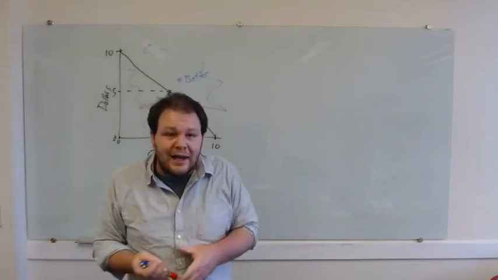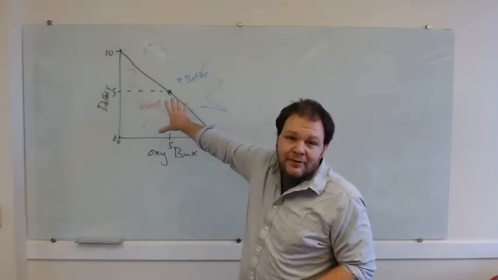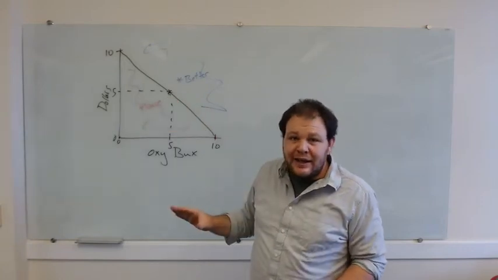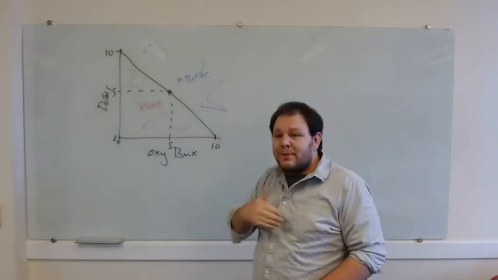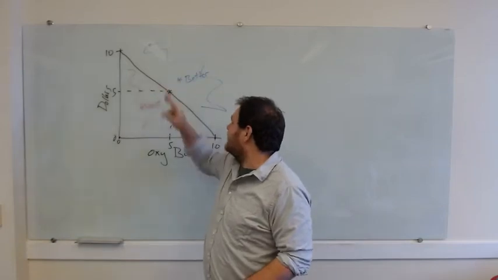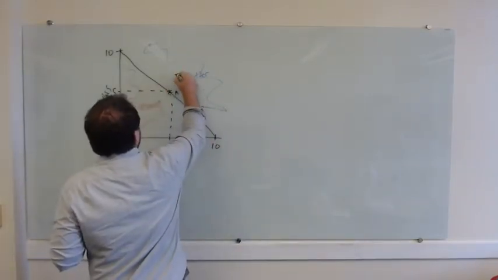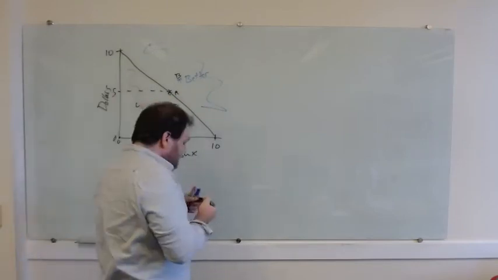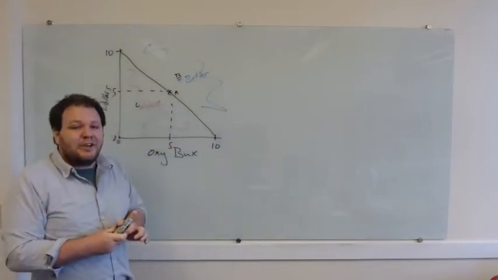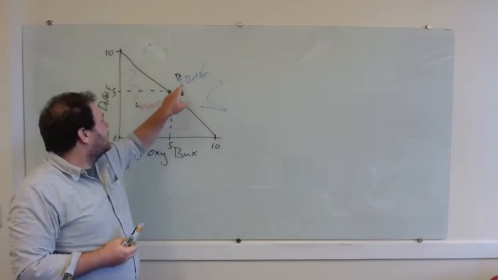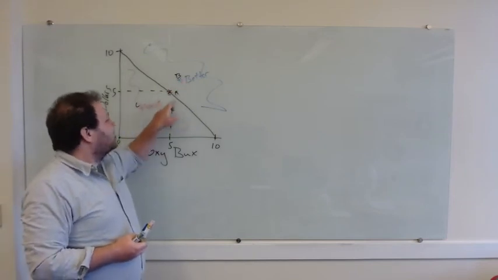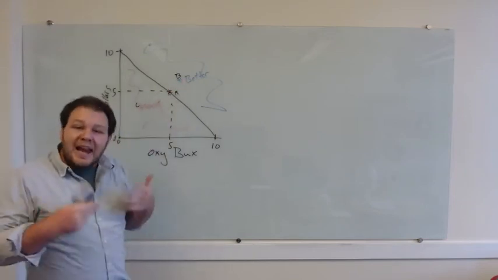Now, what I've done by drawing this graph is essentially, I've taken every single one of these preference relationships, where I say A is preferred to B, if I call this A, and this point B, and this point C. I've done the work of drawing out every single combination of A is preferred to C, B is preferred to A, et cetera, that anyone could draw.